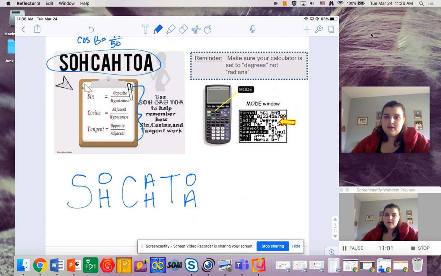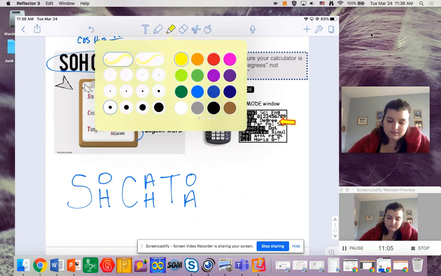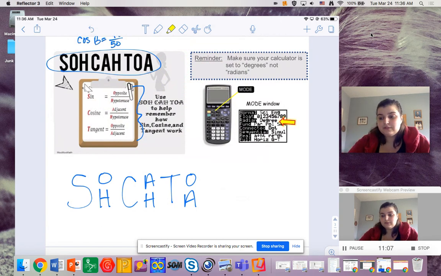Something else to be aware of is that angles can be measured two ways. We've only talked about degrees, and we're going to continue to only talk about degrees in geometry. But radians exist, and sometimes calculators like to be in radians. So if you're in a calculator, go to mode, whatever that looks like, and just make sure that degrees is highlighted. So like on our classroom calculators, it would look like this, and there's actually gradients as well.